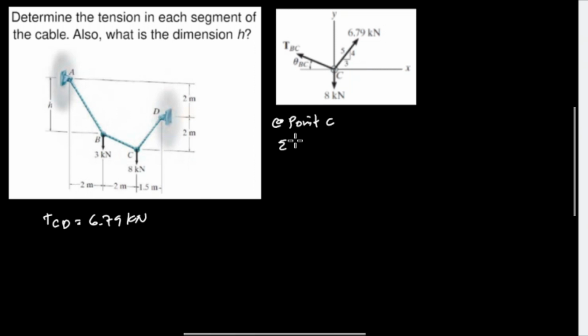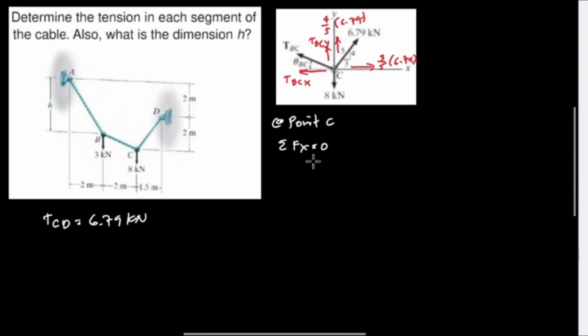Summation of forces, Fx, is equal to 0. That's 3/5 of 6.79, and the other component is 4/5 times 6.79, and this will be TBC of y and TBC of x.